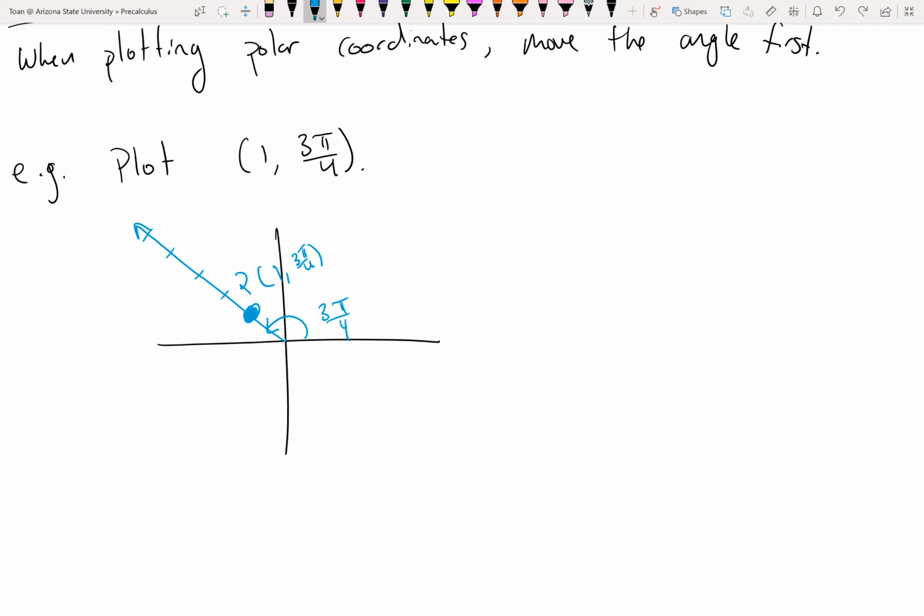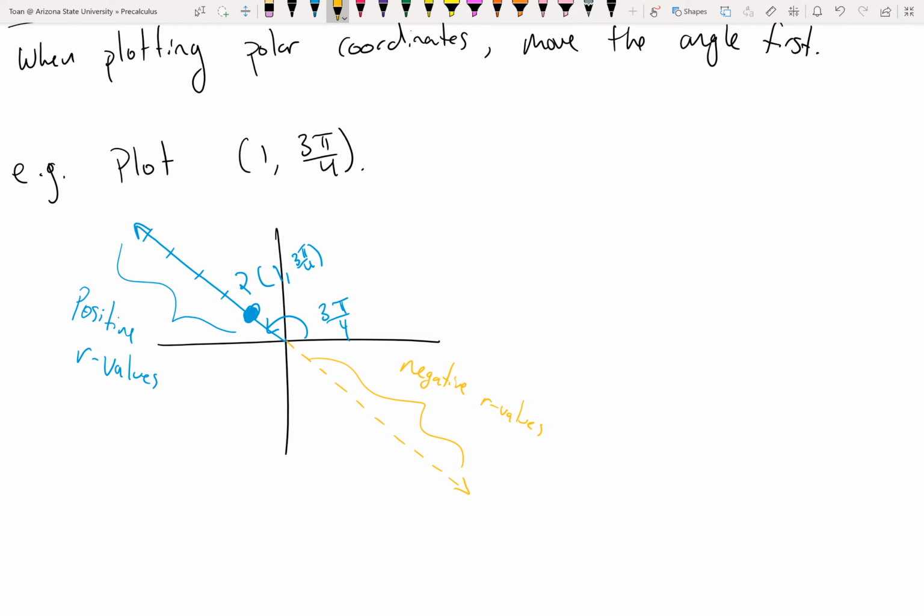So these guys right here are positive r values, which means if you were to go in the exact opposite direction, if you were facing 180 degrees, do an about face, these guys here would be negative r values.